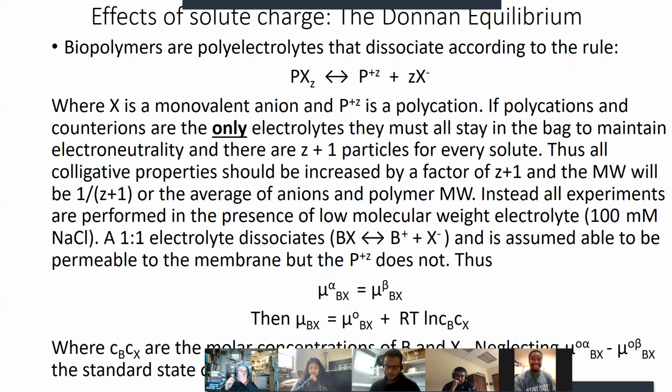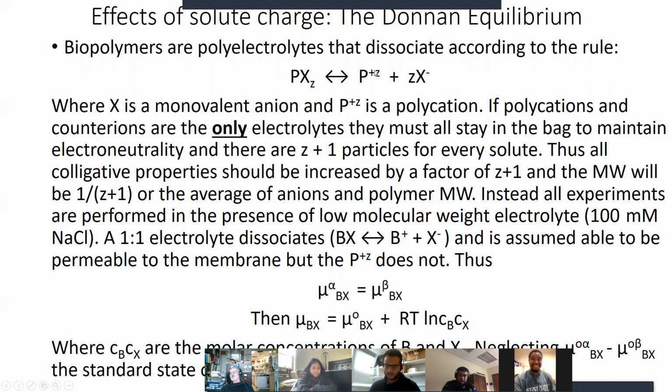If a macromolecule or a biopolymer is a polyelectrolyte, meaning it has multiple dissociable groups of some kind, then necessarily, by charge-charge interactions or by net charge in the solution, there has to be some electrolyte that's associated with the protein.